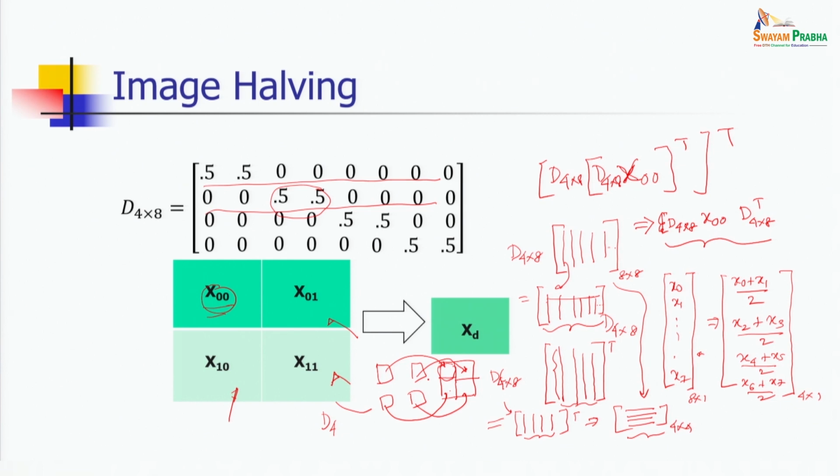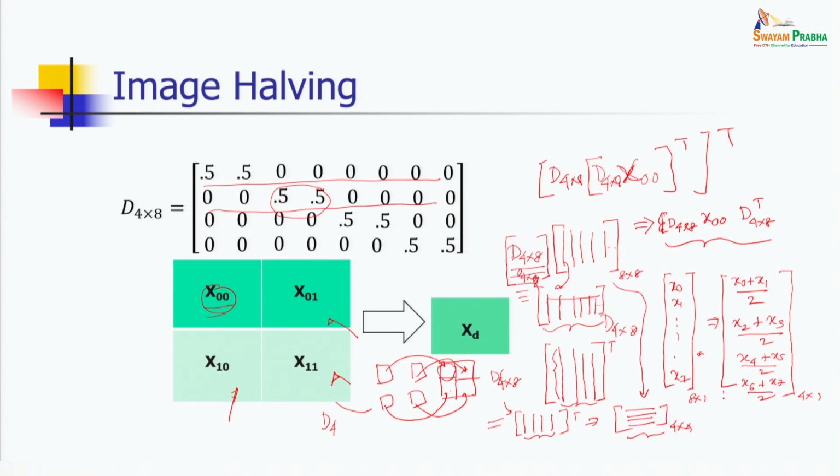That is one of the reasons why, instead of using a matrix of 4 cross 8, I use D4 cross 8 and then all zeros, so we write it as 0 4 cross 4, 0 4 cross 8, which means all my subsequent rows are all zeros.